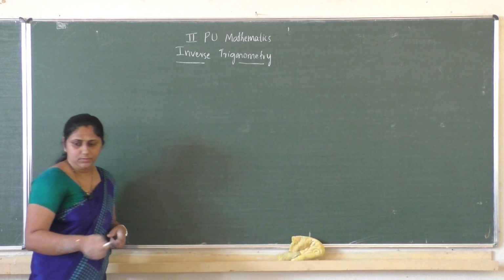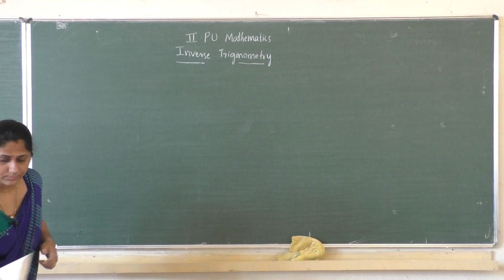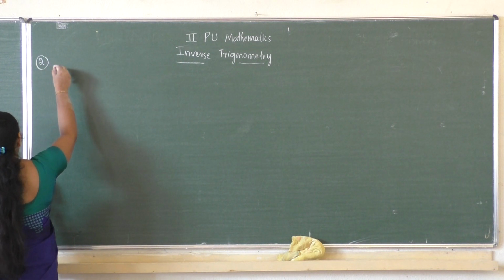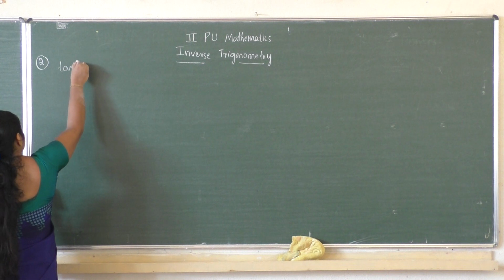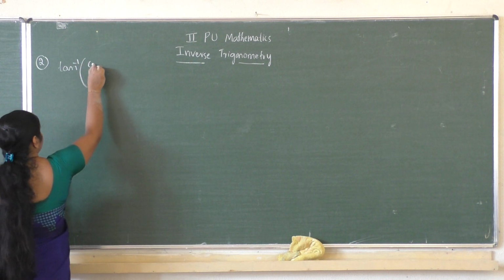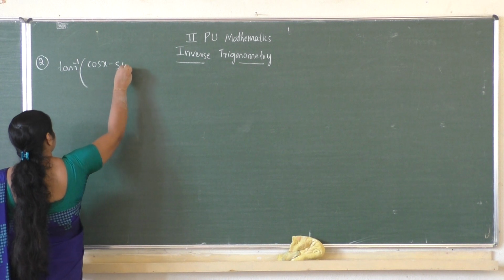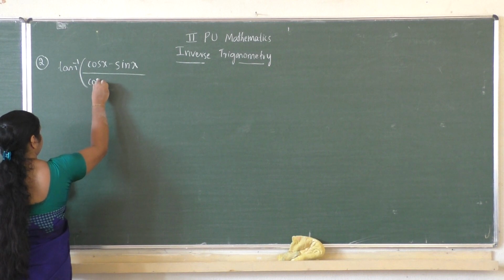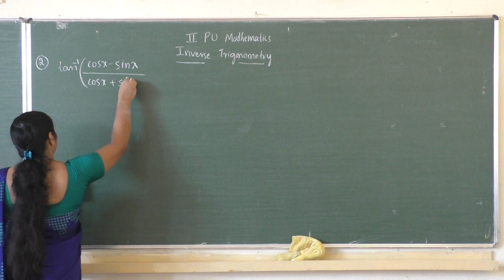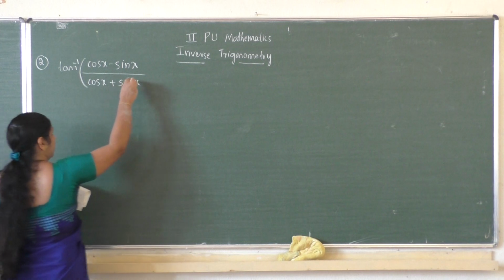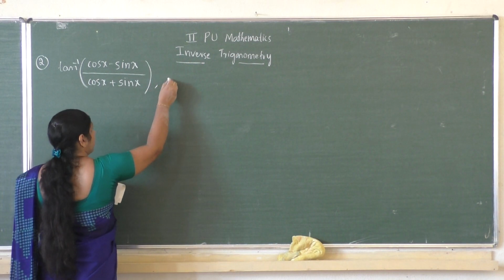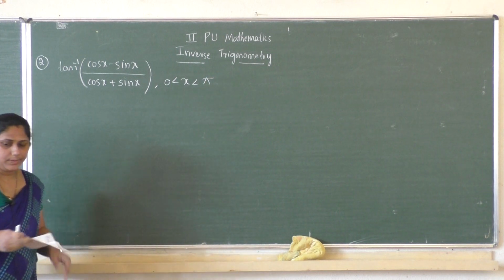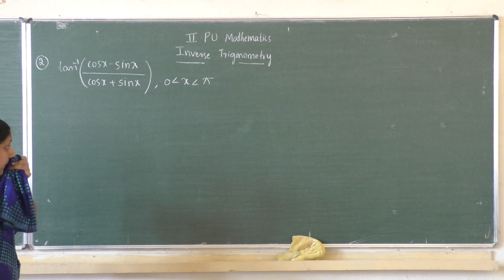Now second question. Simplify tan inverse of (cos x minus sin x) divided by (cos x plus sin x), where x lies between 0 and pi.